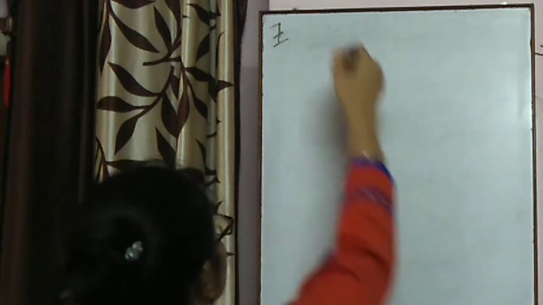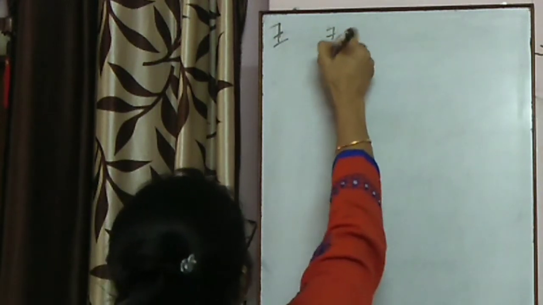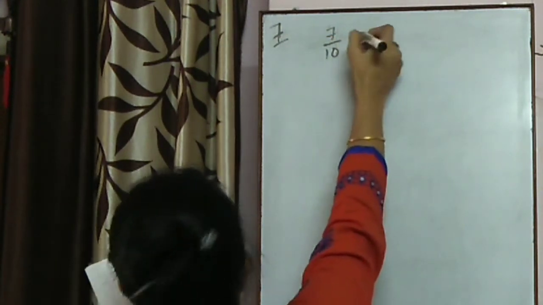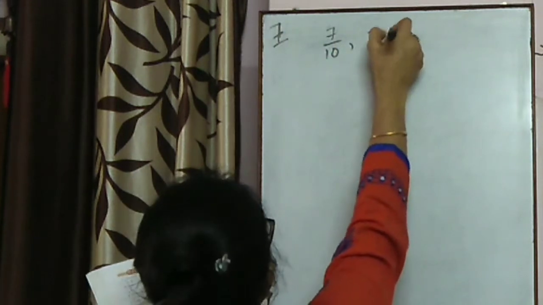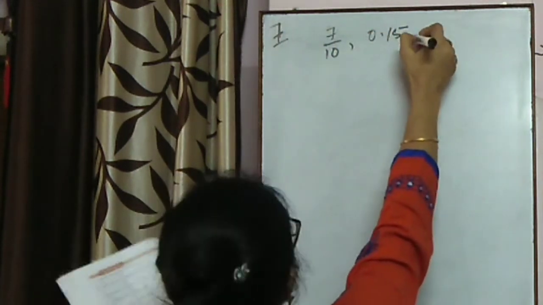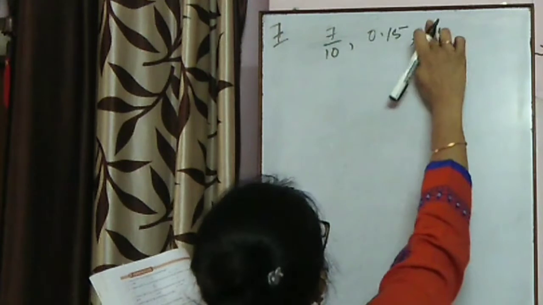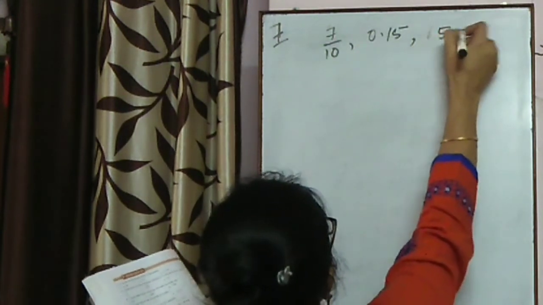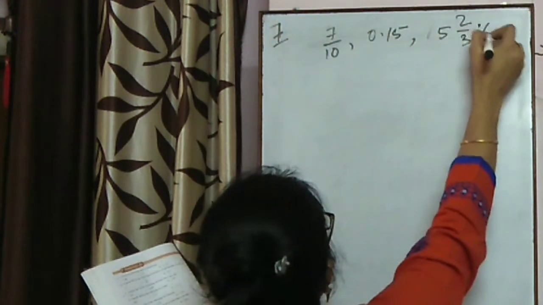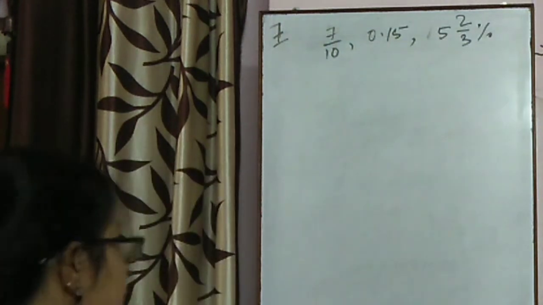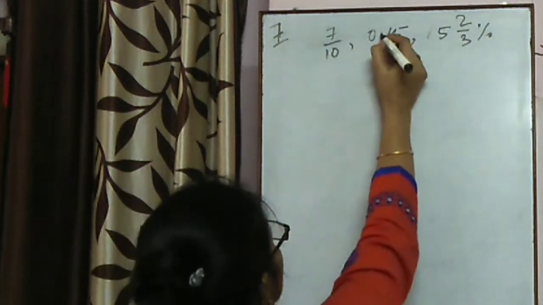You have to arrange the numbers 7 by 10, then 0.15 and 5 2 by 3% in ascending order. So all those are in a different form.